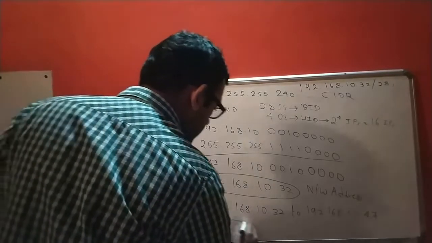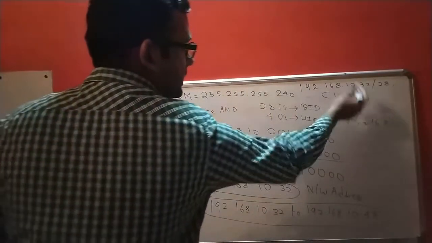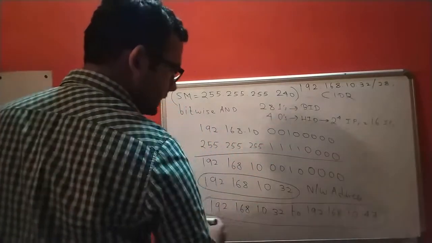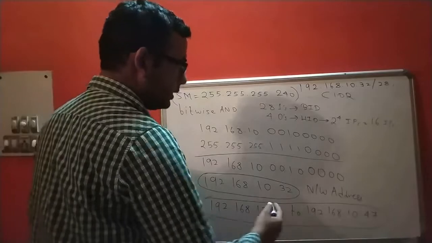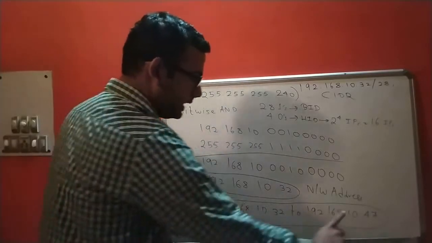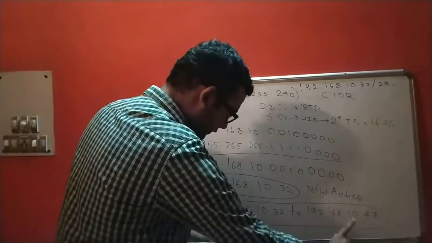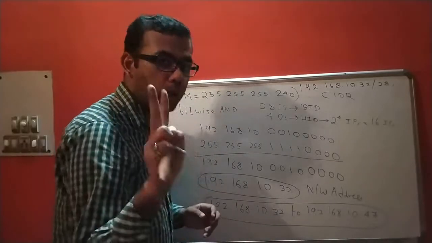So this is the range of IP addresses given this subnet mask. And out of this range, we are asked to find the range of valid hosts, mind you. Out of this range of valid IP addresses we give away 2 IP addresses.